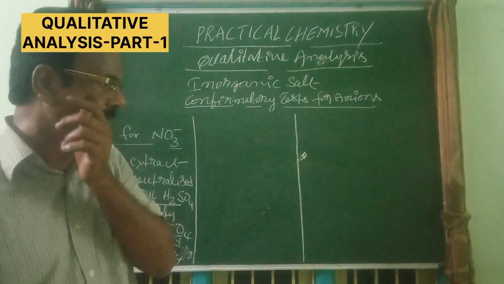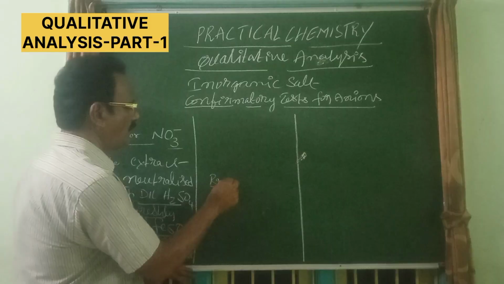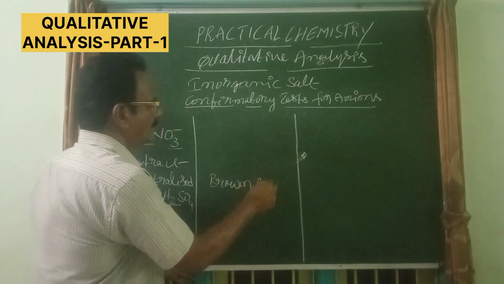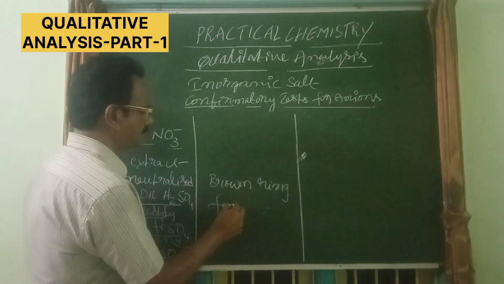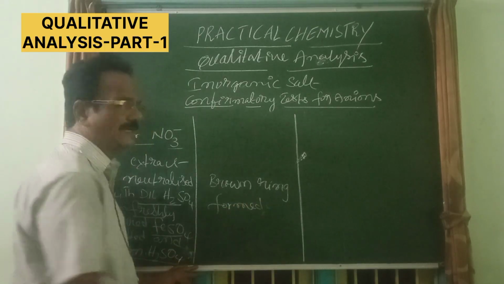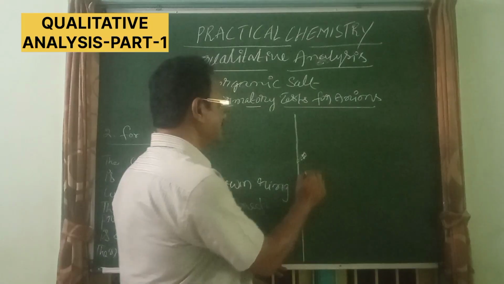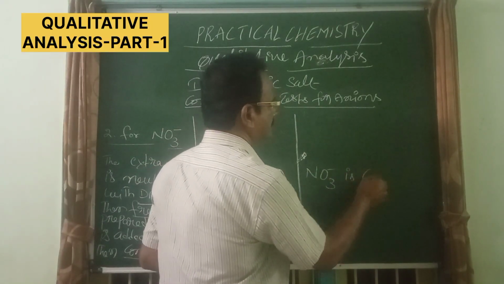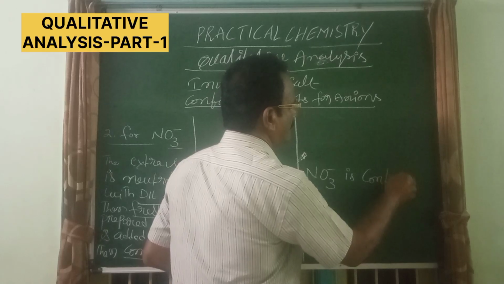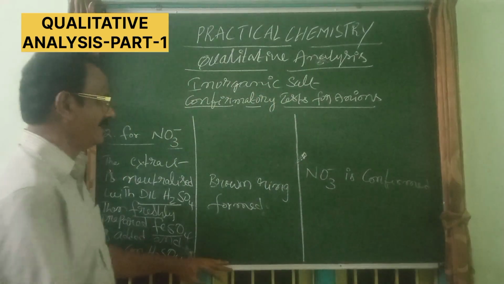Is it clear? Then a brown ring will appear. If a brown ring is formed, NO3 minus is confirmed. Nitrate is confirmed. The brown ring will appear like this.